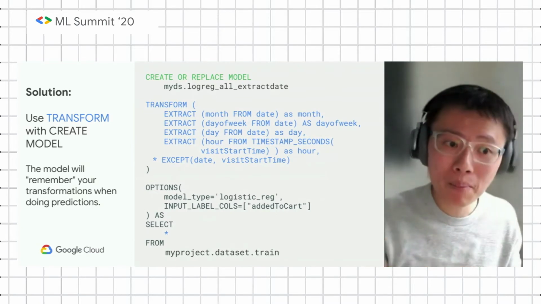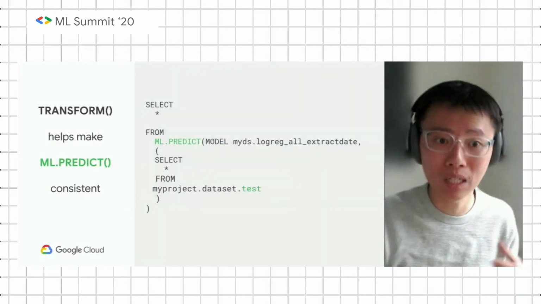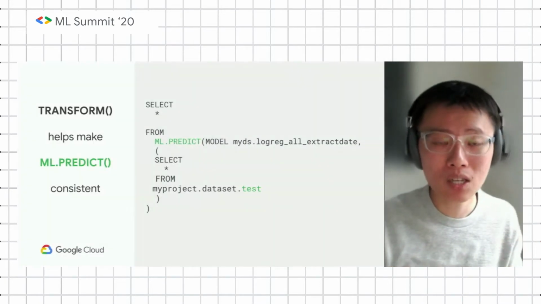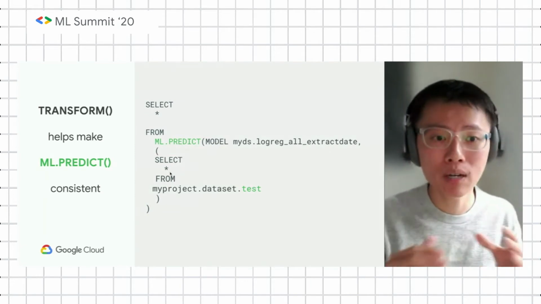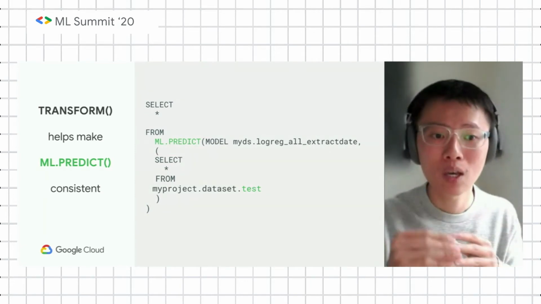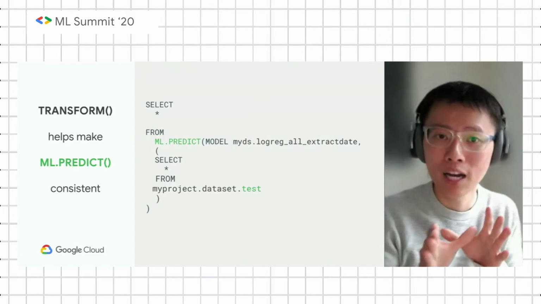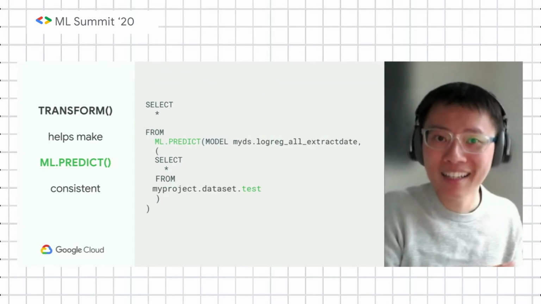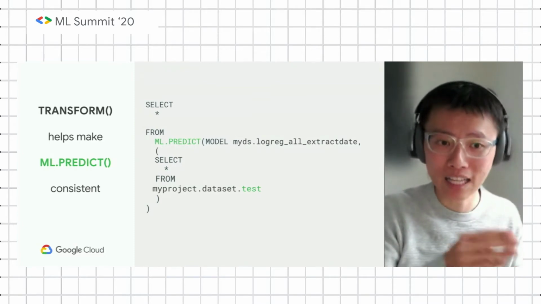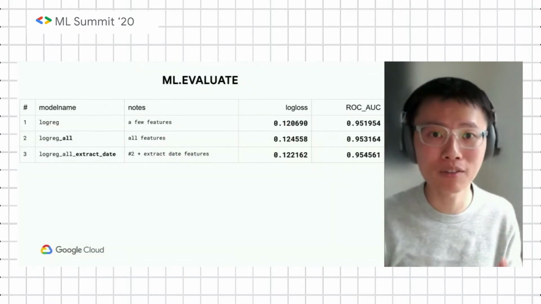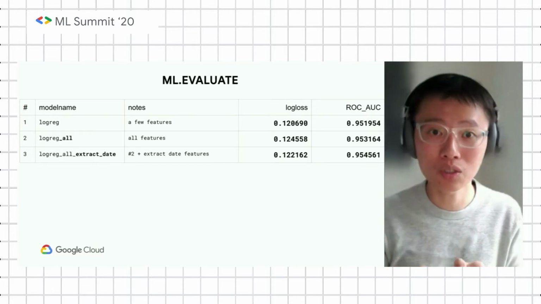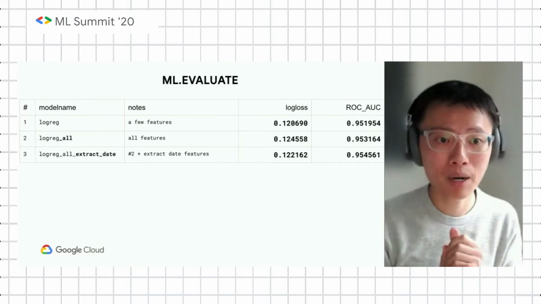So the model will remember your transformations when doing your predictions. So when you run ml.predict, you can just simply run ml.predict with select star. You don't have to do all those extract statements anymore, because transform has been included as part of your model, and so you don't have to use that anymore in ml.predict. So really, really important feature that I think everyone should use when you're trying to pre-process features.